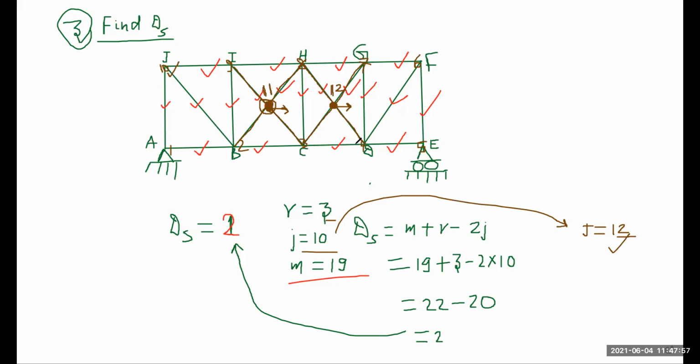Then what makes the difference between DS for J equal to 10 and J equal to 12? If he gets 2 extra points, point 11 and point 12, then the number of members simply gets changed. So instead of getting 19, he gets more members.